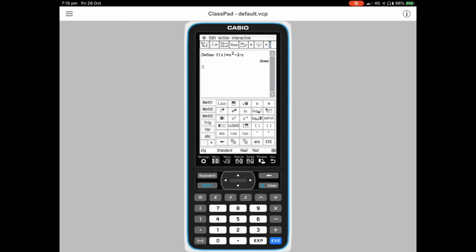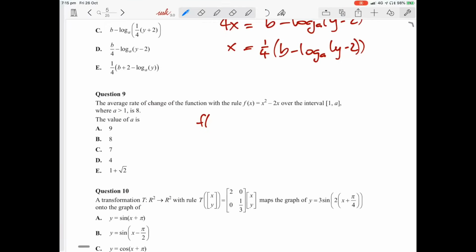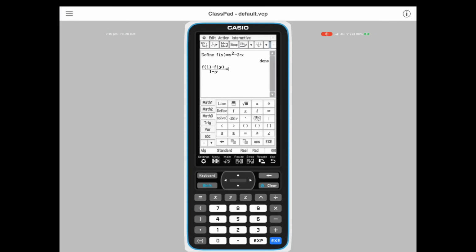Okay, we know f of 1 minus f of y, on 1 minus y, is equal to 8.